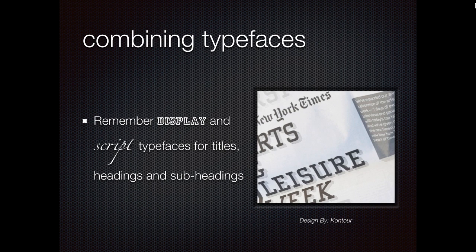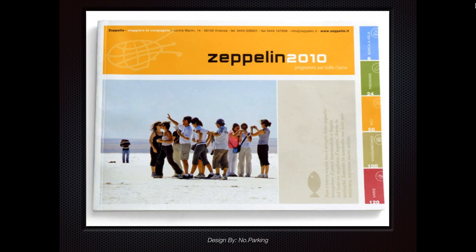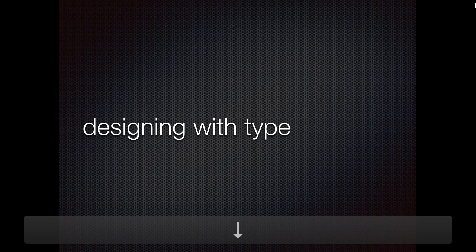And so you want to be somewhat reasonable about this, but for titles and that sort of thing, it's really good. So these can work nicely in juxtaposition to another type of font that you might choose, right? And so depending, this is a good example, right? Zeppelin 2010 is very different from any of the other fonts that are used here. That's the display font in this case, right? Not something that you're going to read a big paragraph that's written in the Zeppelin 2010 font, okay?